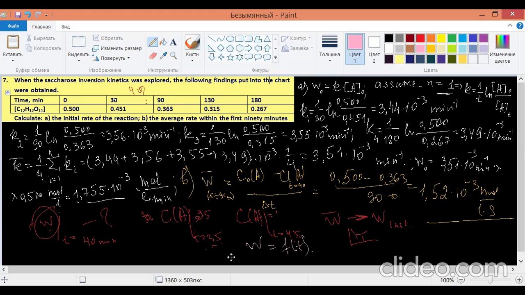We will get some function f of t, and then we substitute 40 in this formula, and we will get the value of W. It's another possible way with the use of a computer. Okay, thank you.